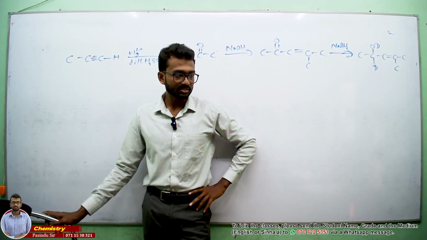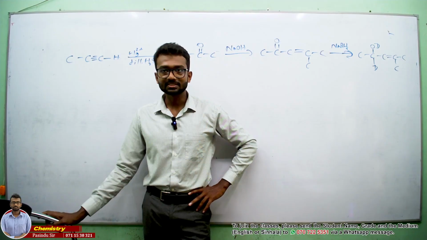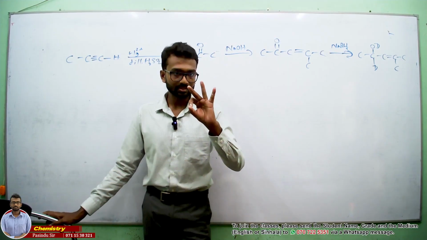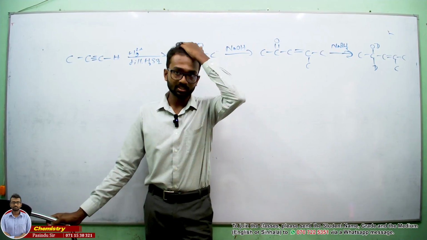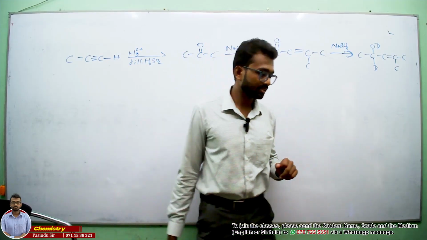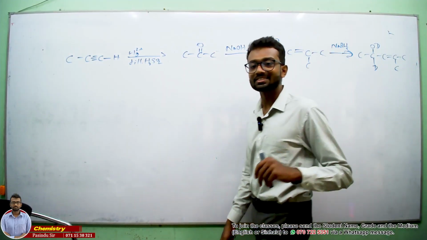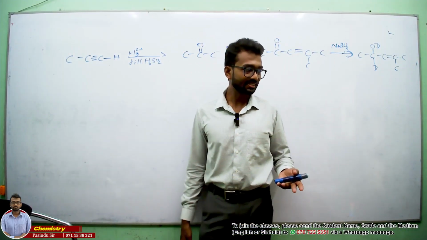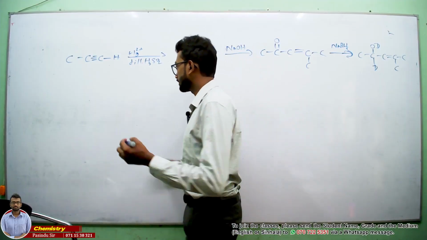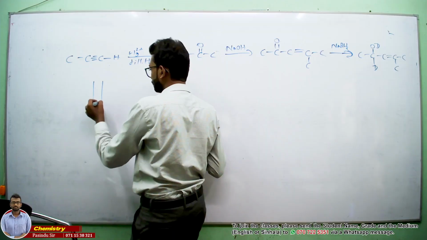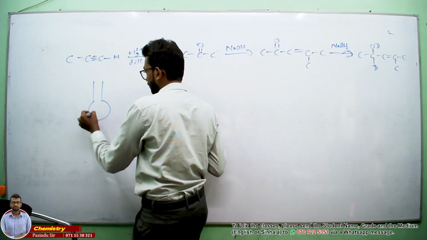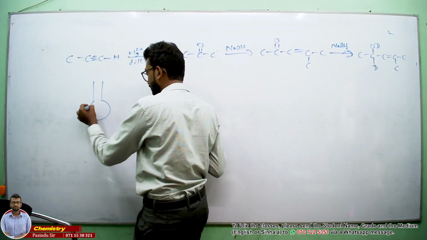Fractional distillation. There are three types of distillation methods, right? First one, simple distillation, which was in O levels. In simple distillation, for example, you can think about salt water.